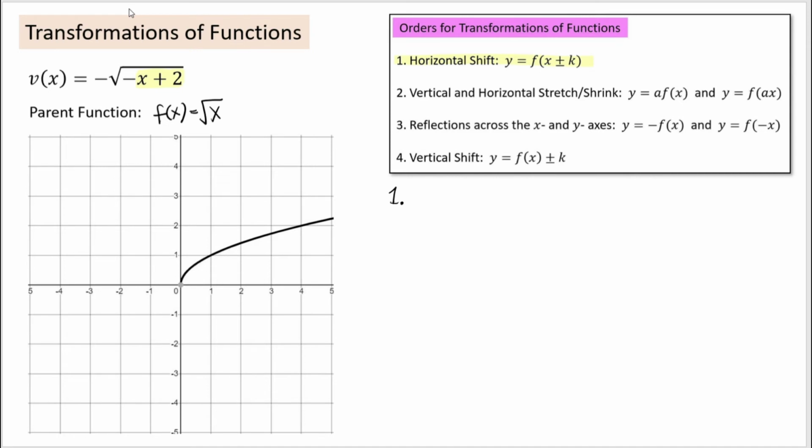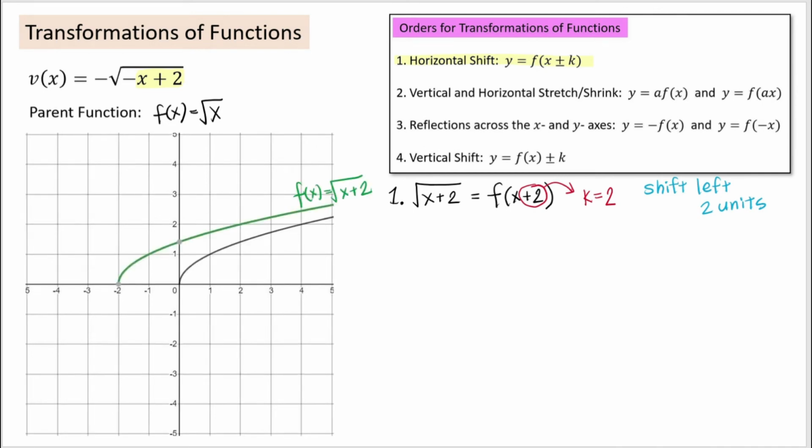So we can write square root of x plus 2 is equal to f of x plus 2. K is equal to positive 2. It means that we need to shift the parent function square root of x to the left by 2 units. We get the function square root of x plus 2. Let's call this f of x.